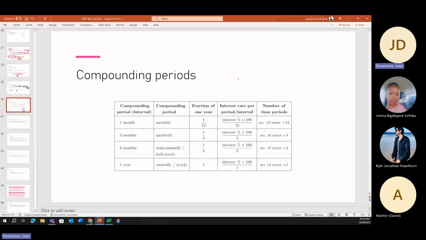What I've included for you is, sometimes when we need to convert things, if I talk about monthly or quarterly or semi-annually, half-yearly, I always get confused with that one. And annual and yearly, just what you need to do with the interest rate period, and what you need to do with the time period.